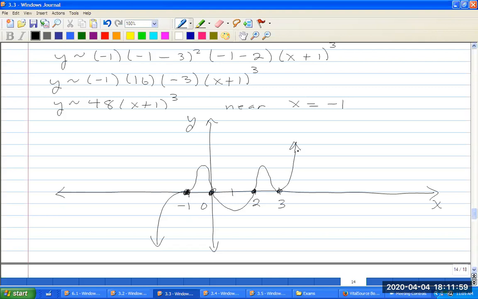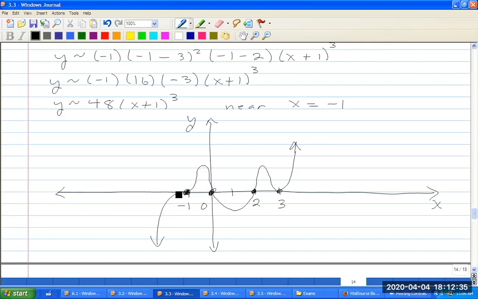Okay, so it looks something like this. It's going to be much steeper, by the way, than what I've drawn. It actually goes up really fast, and so it's much more dramatic than what I've even drawn. So it looks like a positive parabola here, a positive looking line, a negative looking line, and then a positive cubic, a sigmoidal that's positive.